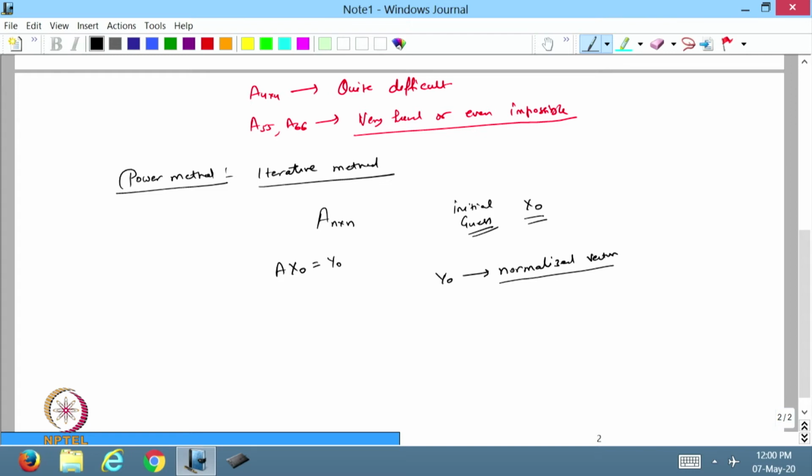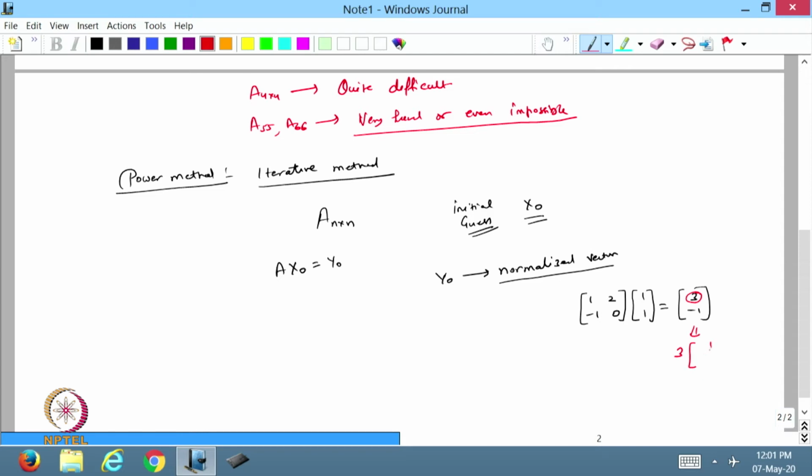So, what is the meaning of a normalized vector? Suppose I have a matrix like [1, 2; -1, 0], and I start the process with the vector (1, 1). Multiplying and adding, I will get 3 and then minus 1. In this case, 3 is the element with the highest magnitude, so I take 3 common from this.